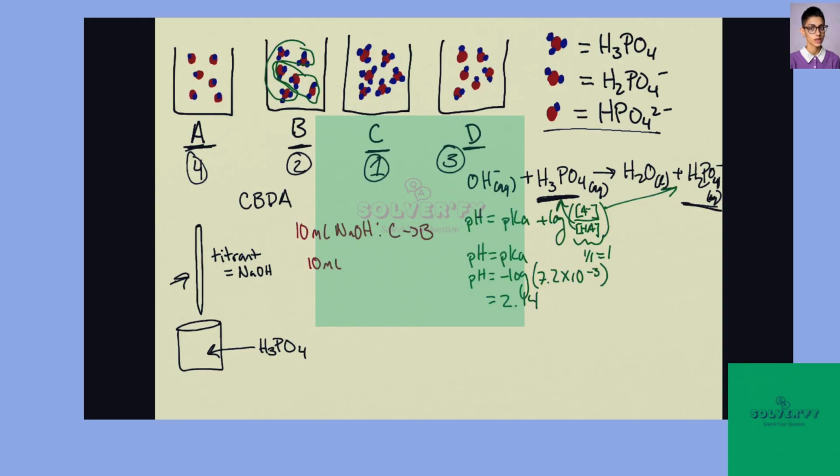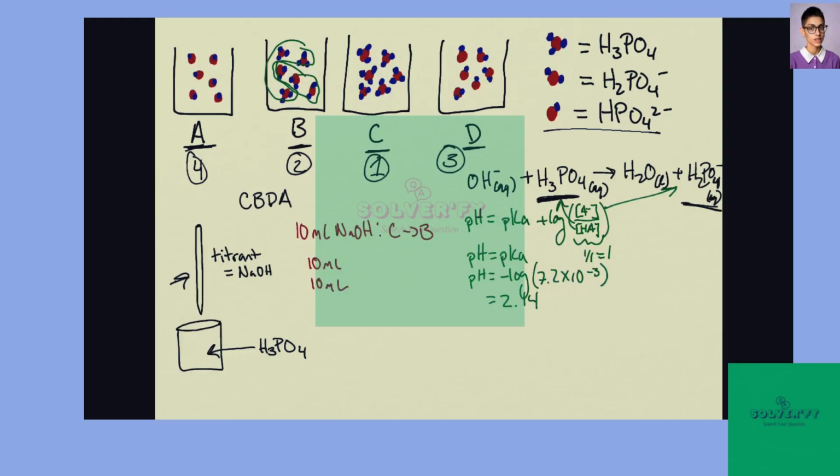Once we've done that, we'll have a beaker full of just H2PO4- molecules. And in order to get from there to scene D, that's going to be another 10 milliliters of NaOH, since we're pulling off a hydrogen off of another half of the molecules.